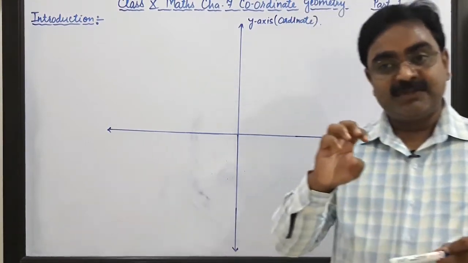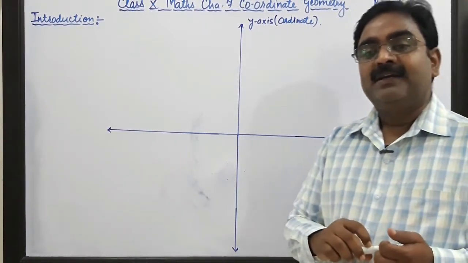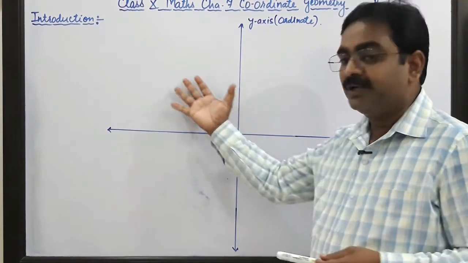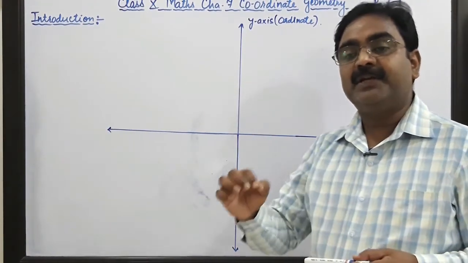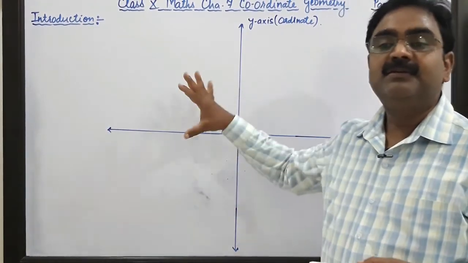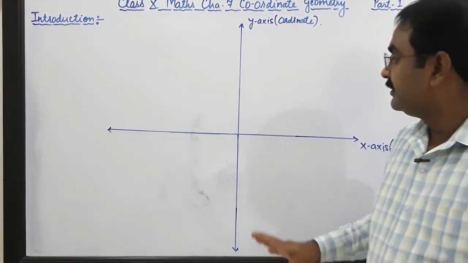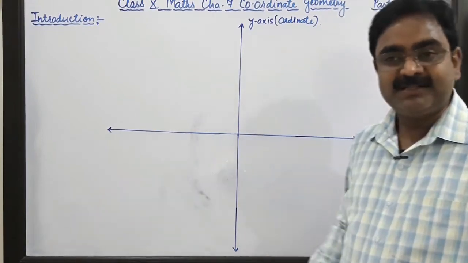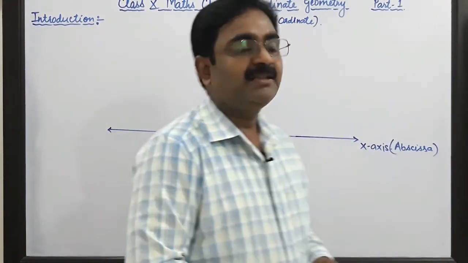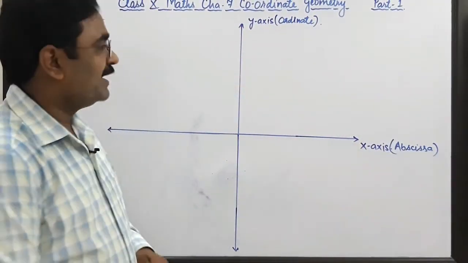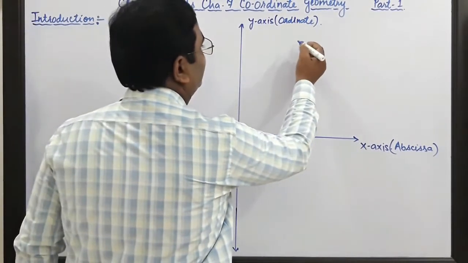So as I told you, with the help of this coordinate geometry we are locating a point in the plane. This plane is divided by these 2 lines into 4 parts, and these 4 equal parts are called quadrants.